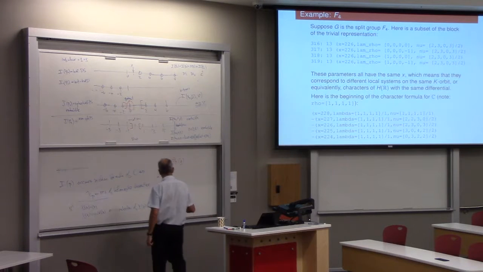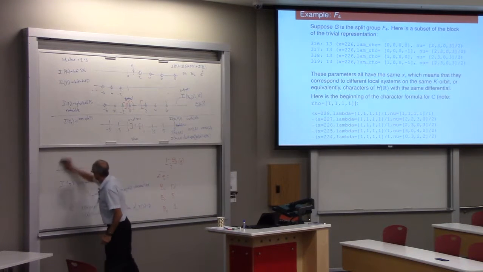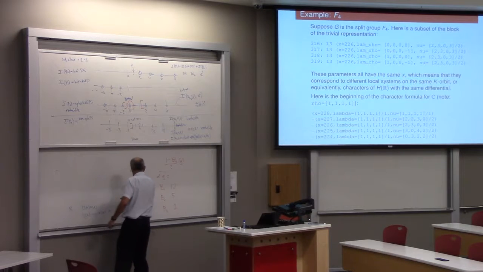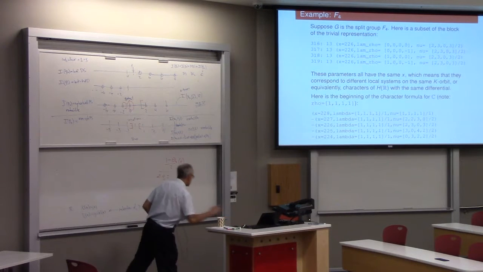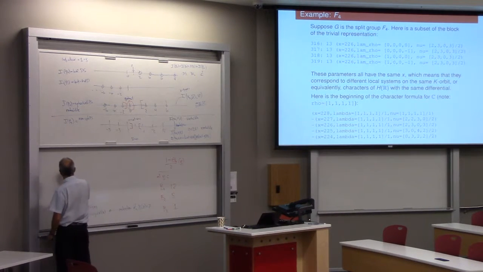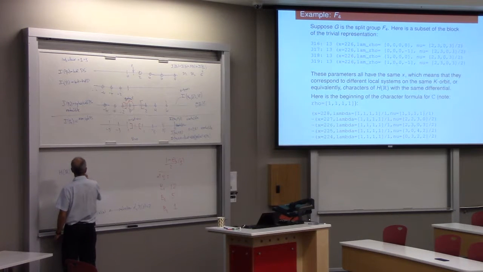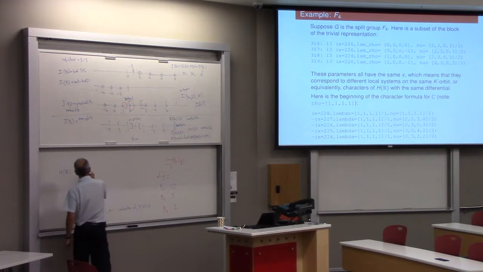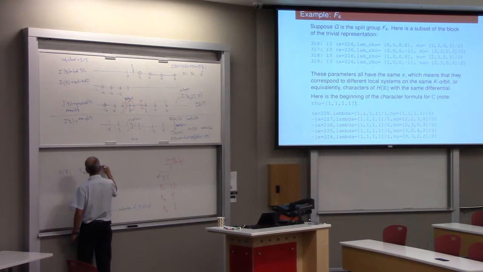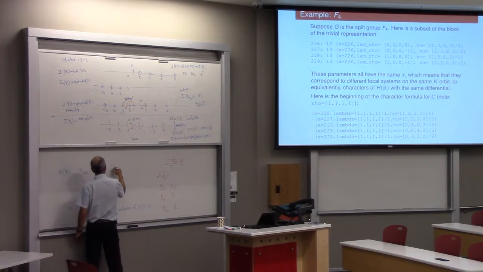So what you're getting here is you have some fixed h of r, and you have chi 316, 317, 318, and 319.